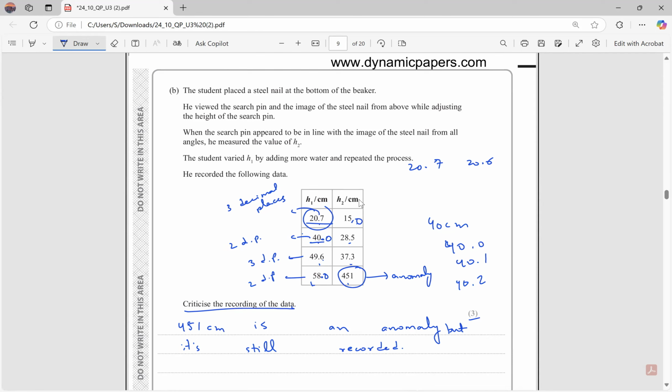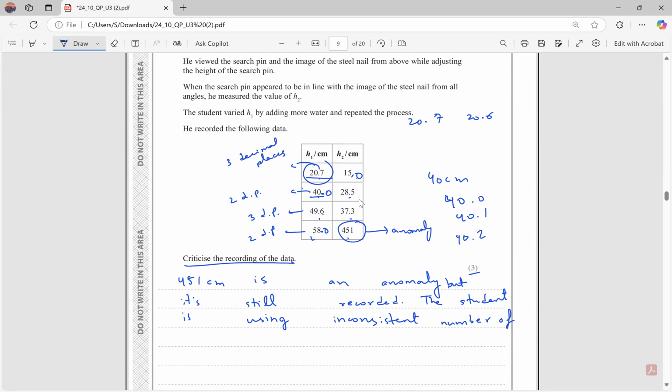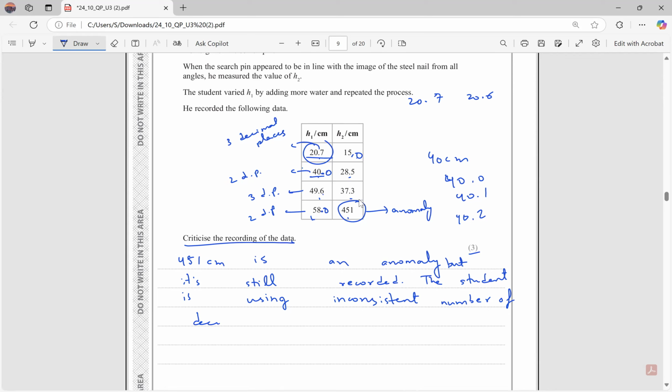Secondly, the student is using inconsistent decimal places, inconsistent number of decimal places for both H1 and H2.